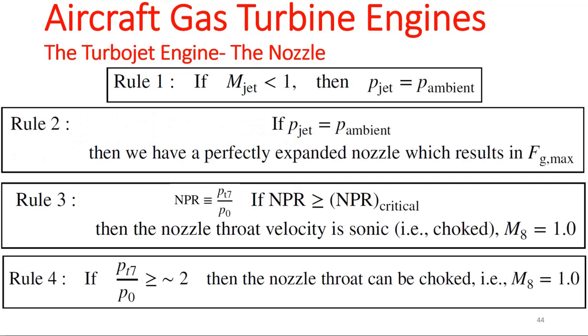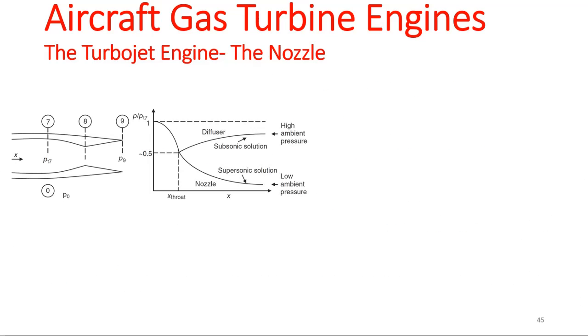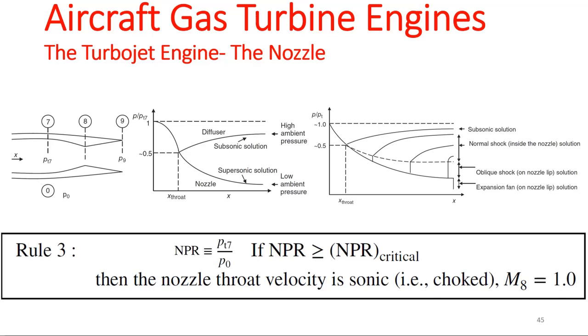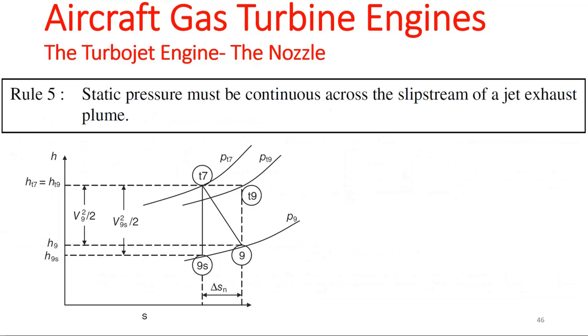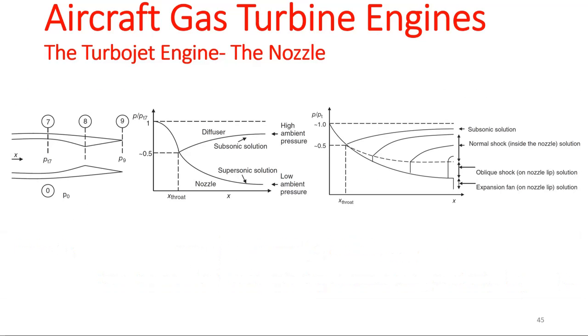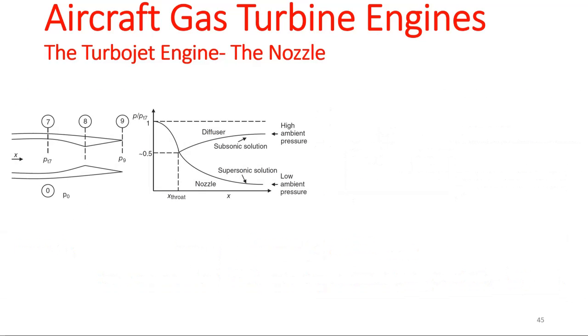But we also have something called the nozzle area ratio. The nozzle area ratio is defined as the exit area, which in this case for a convergent divergent nozzle is station 9, divided by the throat area, which is station 8 here.